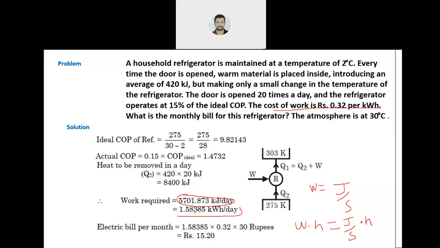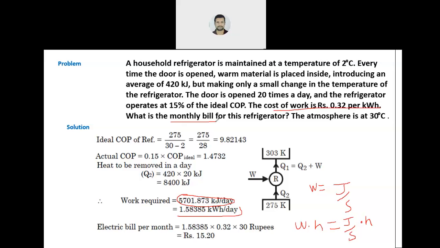So, how much will the bill be? This much into the cost 0.32. But this is for 1 day. You have to find the monthly bill. In a month, how many days are there?